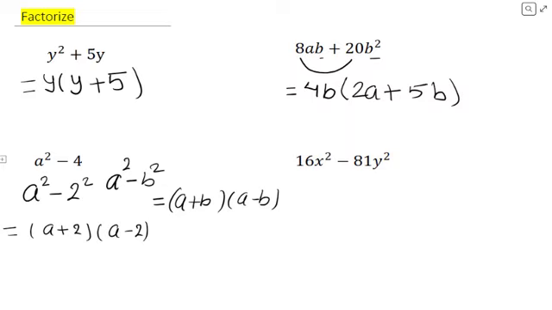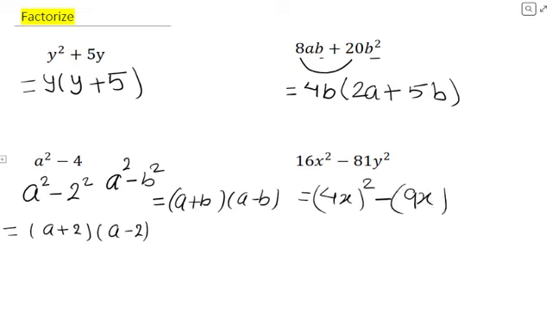Same here. We can change this into the form of a square, which would be 4x whole square. So 4 square is 16 and x square, and this 81 is the square of 9, so 9 whole square.